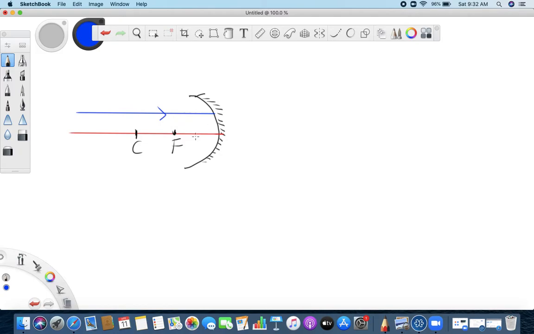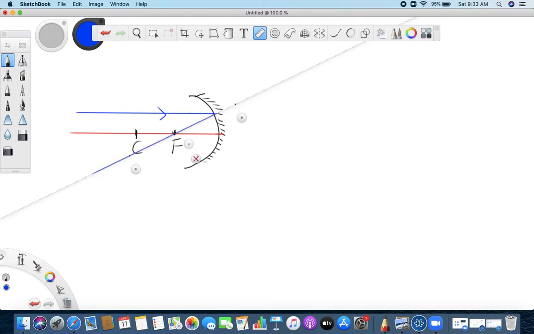Now, if a light is parallel to principal axis, after reflection it always passes from principal focus only. It is a rule and it is always there, whether it is a concave mirror or a convex mirror. I'll show you for both.